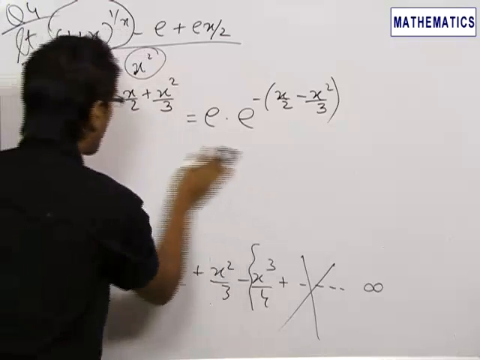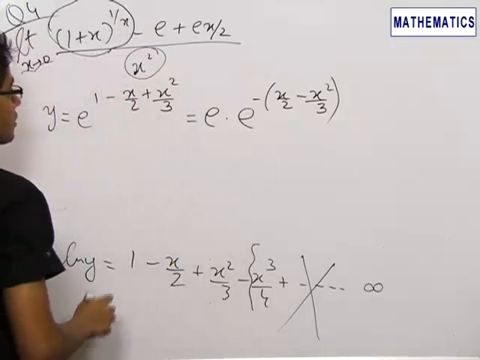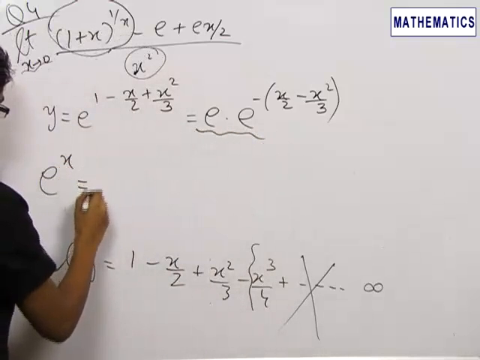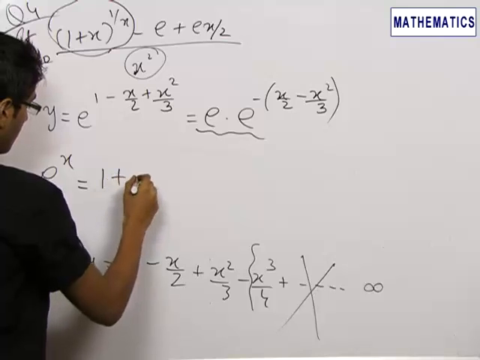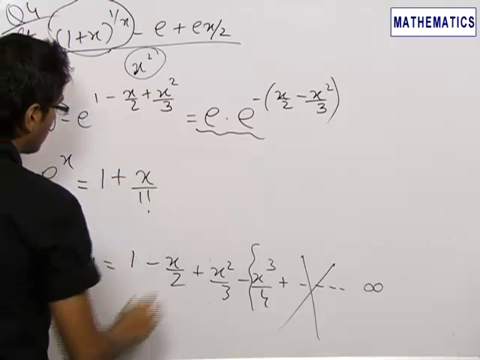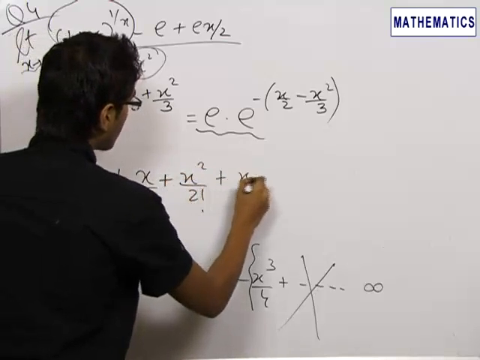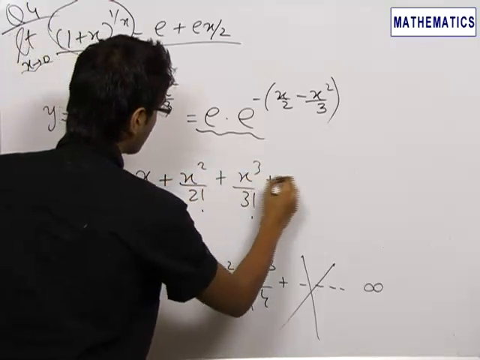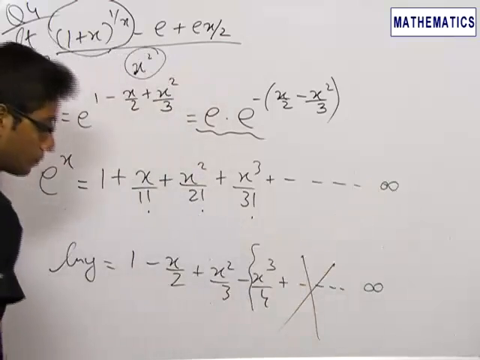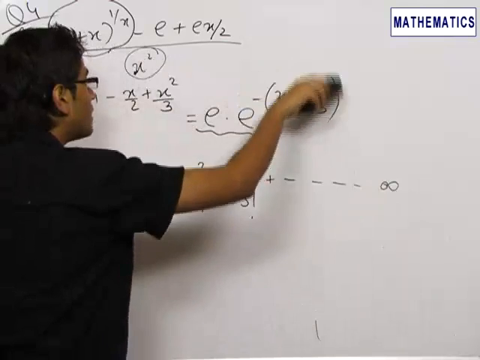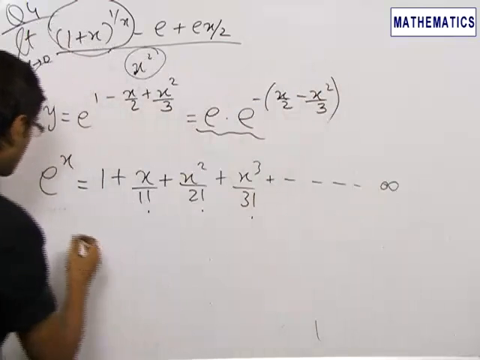Here is the second important expansion involved, the expansion of e^x, which is equal to 1 + x/1! + x²/2! + x³/3! up till infinity. Here we have an e^(−x) type of term, so it is very easy.